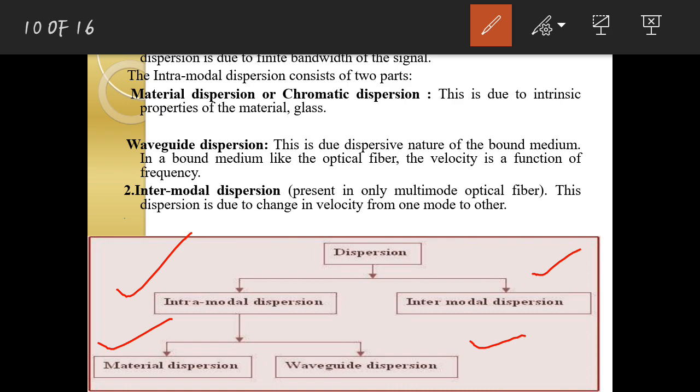Apart from it, you have one more type, PMD, polarization mode dispersion. In the consecutive videos, we will see how to calculate dispersion spread due to material, dispersion spread due to waveguide, and dispersion spread due to polarization. These three are the important dispersion parameters to be evaluated.